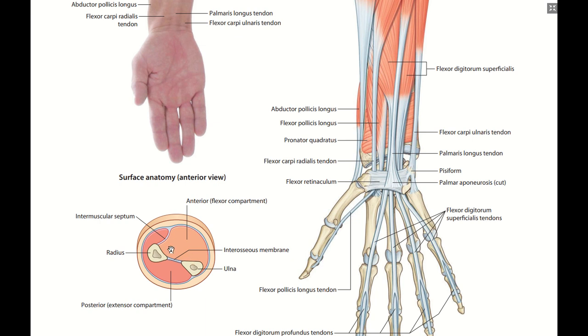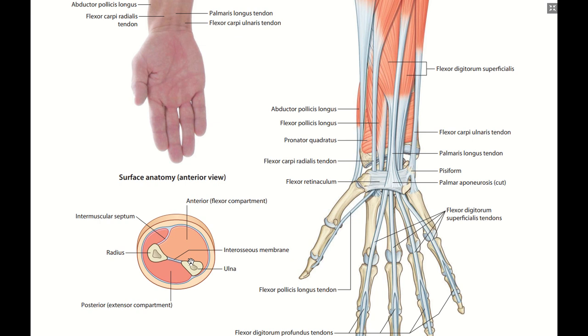But as of here, we have an anterior intermuscular septum attaching to the anterior border of the radius. Therefore, we divide the forearm into anterior compartment and posterior compartment. So the anterior compartment is for flexor muscles, and the posterior compartment is for extensor muscles.